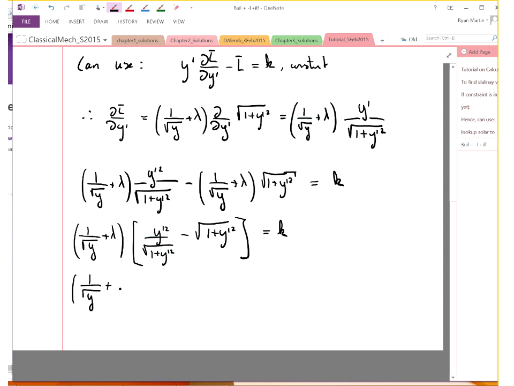So if I put everything on the same denominator and factor that denominator out, the denominator is square root of 1 plus y prime squared, and I'm left with y prime squared minus 1 minus y prime squared equals k. So the y prime squares cancel, and I have a minus 1.